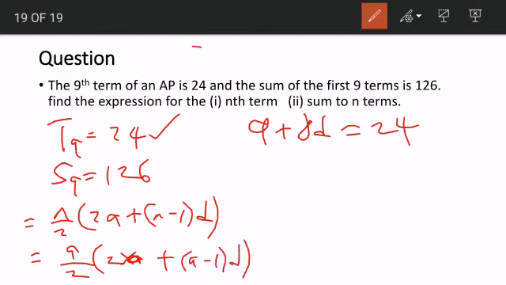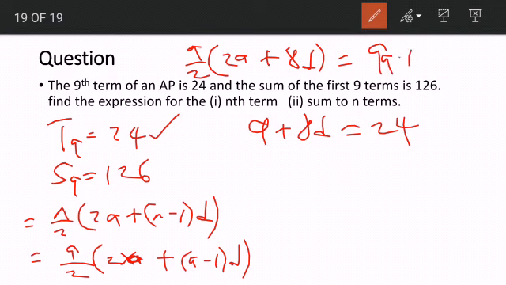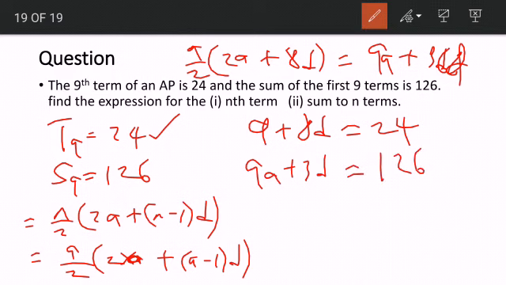So if we continue there, we are going to get 9 over 2 into 2a plus 9 minus 1 is 8, so 8d, which when we open up the bracket, we are going to get 9a plus 36d. So remember that 9a plus 36d, which is the sum of the 9th term, is equal to 126.